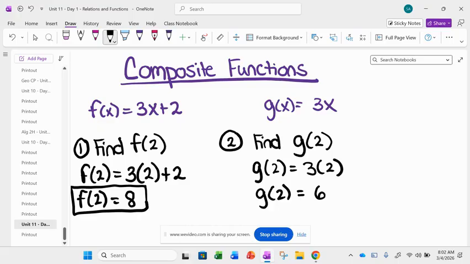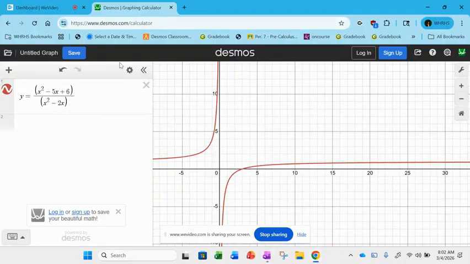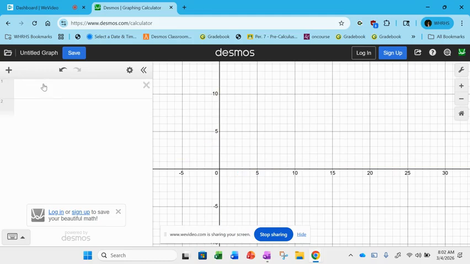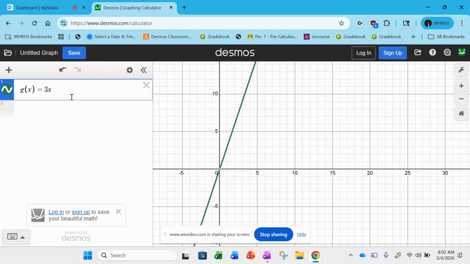What does this mean on a graph? Leo? There is a point 2 comma 6. Let's go to Desmos. All right, so let's go to the point. Right here.